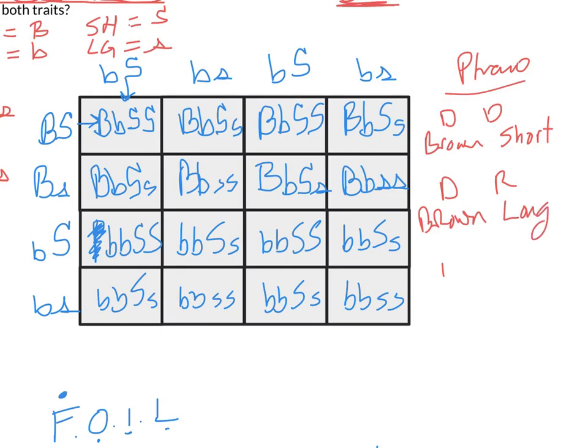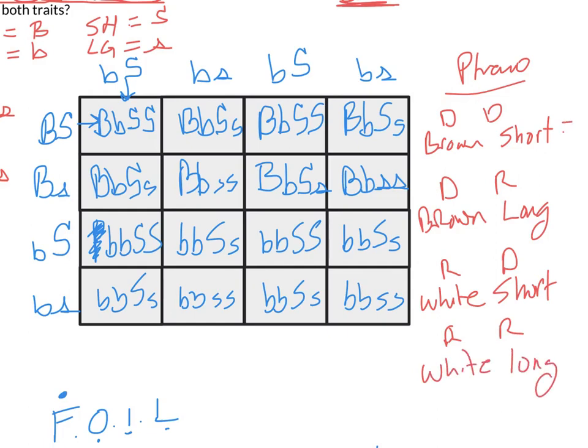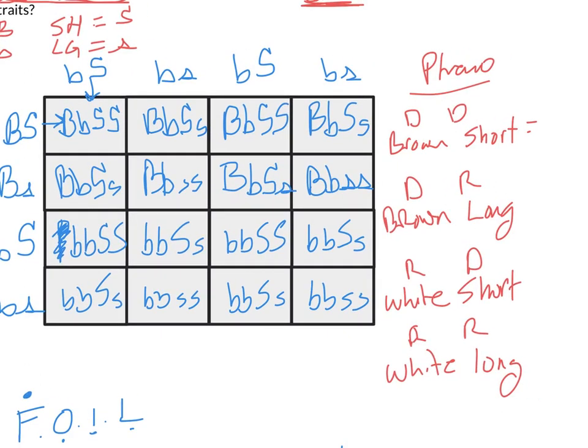Or the recessive dominant trait, which is a white rabbit with short hair. Or the recessive trait, which is a white rabbit with long fur. And what we're going to do is simply count them.